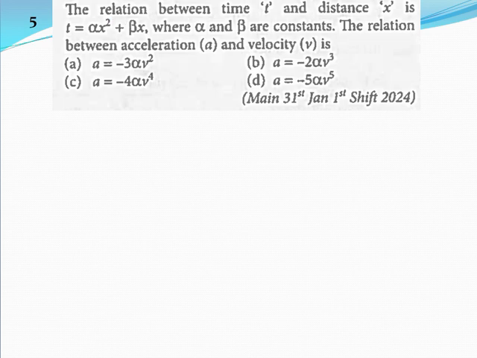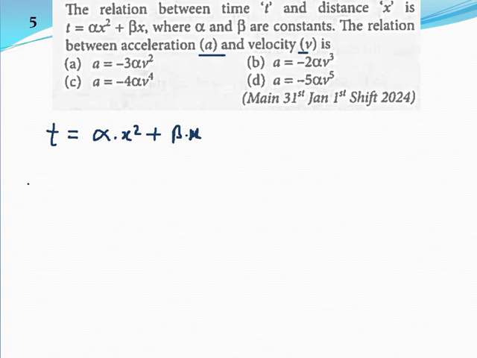Similar kinds of questions have been asked previously also. We have to define the relation between acceleration and velocity, and t is given as alpha x square plus beta x. First we calculate the velocity and acceleration, and then we try to arrange the relation in terms of the given options.